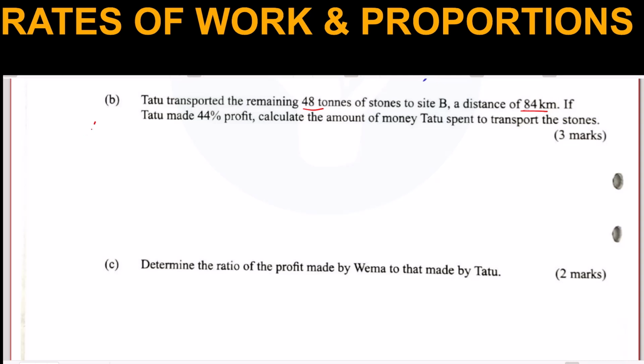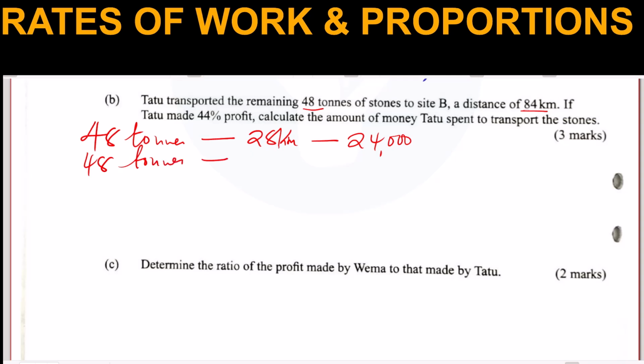So for 48 tons, for a distance of 28 kilometers, 24,000 shillings is paid. Now we want the amount paid to Tatu for transporting 48 tons a distance of 84 kilometers.